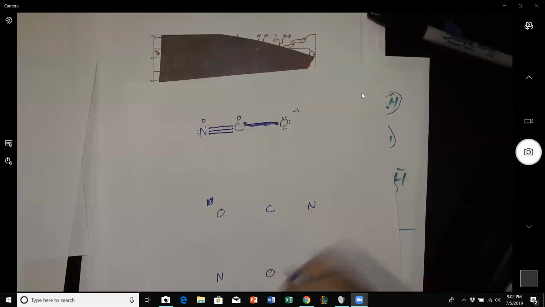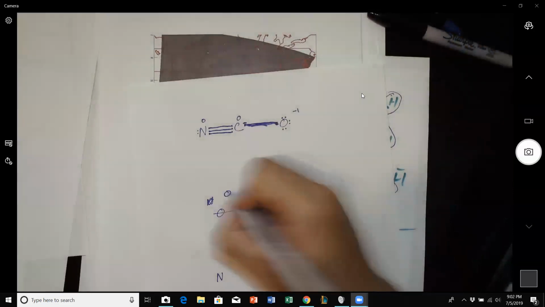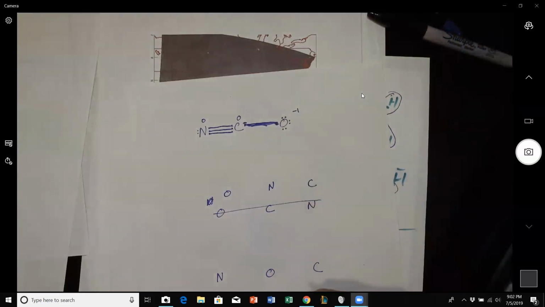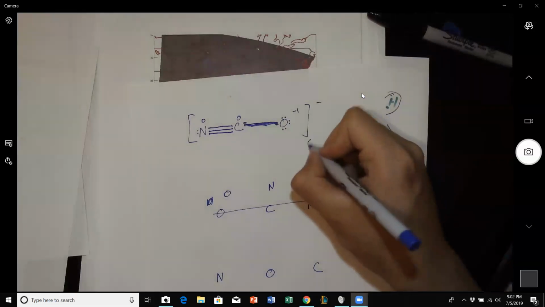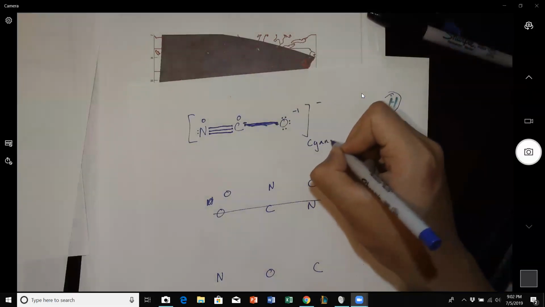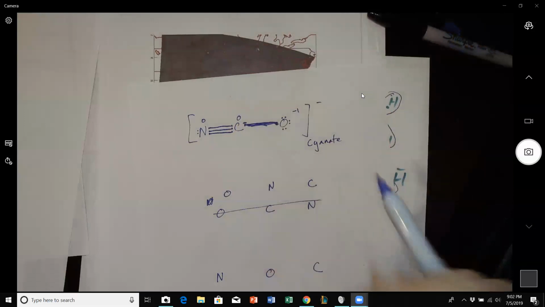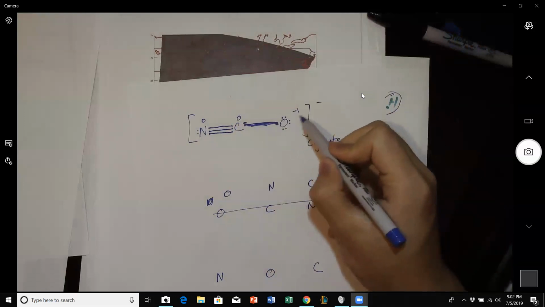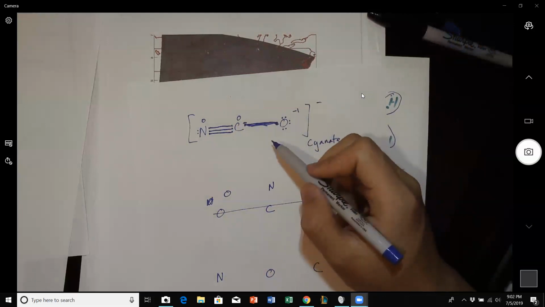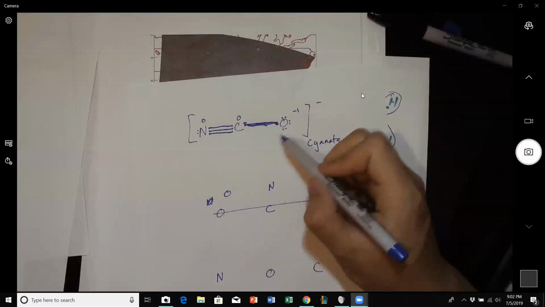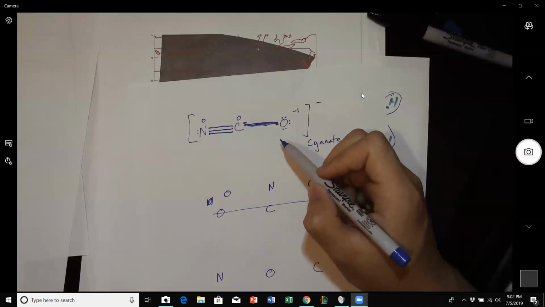Oh, did I get this wrong? Okay, wait. So that should be O and C. Okay. Minus. So this is the cyanate ion. And as you can see, we have a very small formal charge, and it's on an electronegative element. So this is a fairly stable ion.